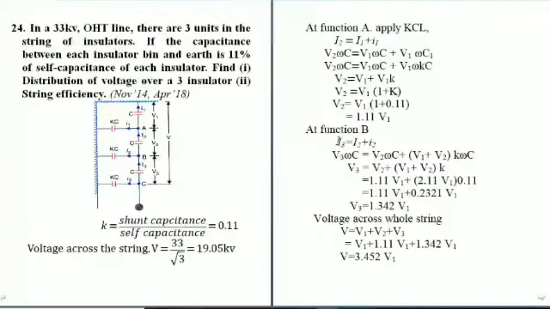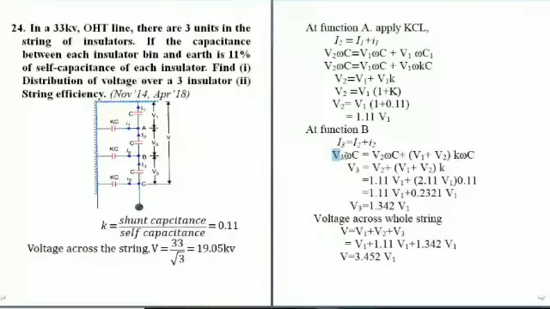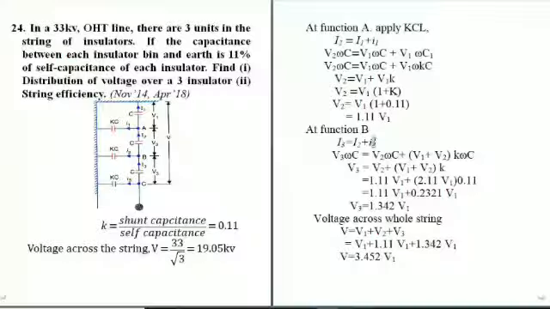I3 is equal to capital I2 plus small I2 at junction B. When you rearrange this, it can be written as I3 is equal to V3 omega C is equal to V2 omega C plus, already we know I2 is nothing but V1 plus V2 of K omega C. How have we obtained this term? Because this I2 is related with V1 and also V2 into K.